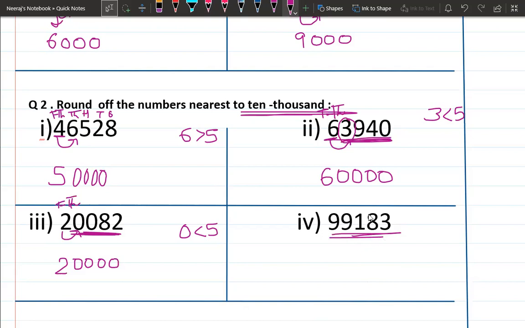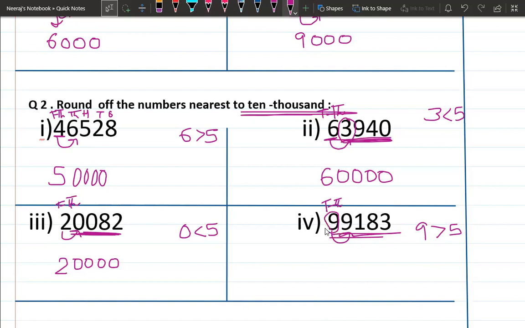So the next is 99183. Now we'll write the places above the digits. 9 will be at the 10,000 place. So we have to see the digit next to the 9. It is 9 only. Now 9 is greater than 5. So we have to add 1 to 9.